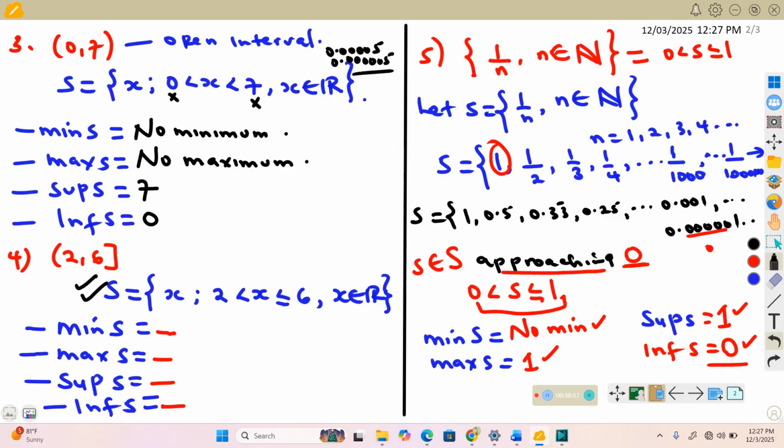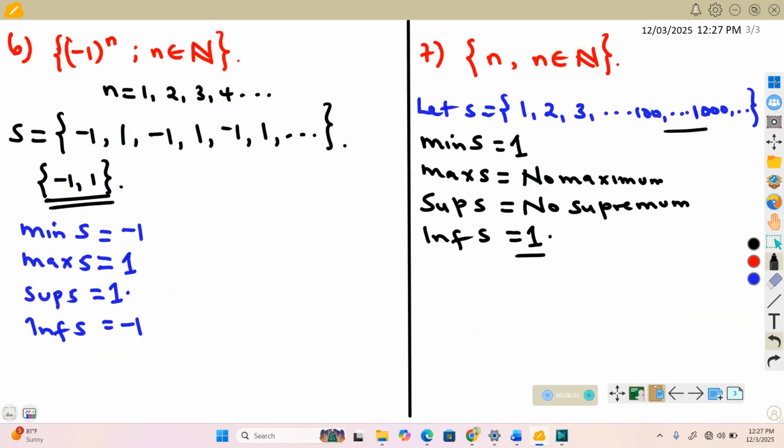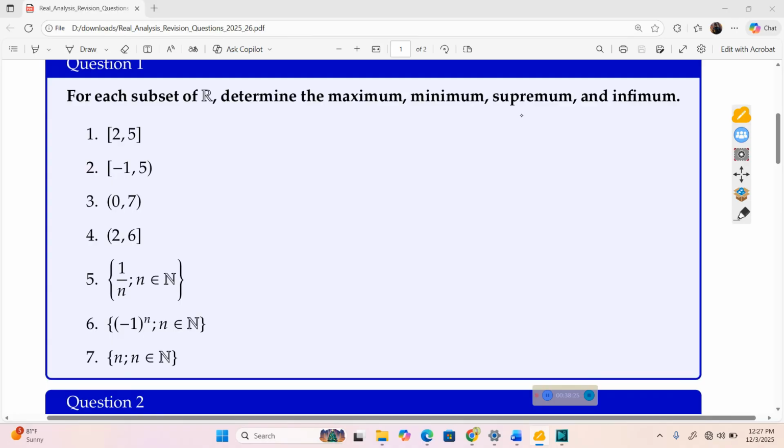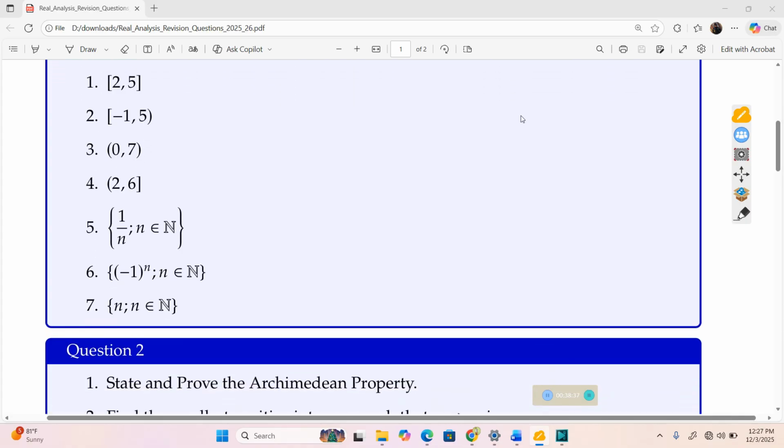So get the minimum, maximum, supremum, and the infimum. I hope you have really understood how we can get the maximum, minimum, supremum, and the infimum of any given set. So that is for question number 1, and we shall now look at question number 2.